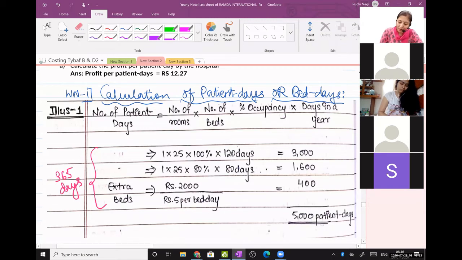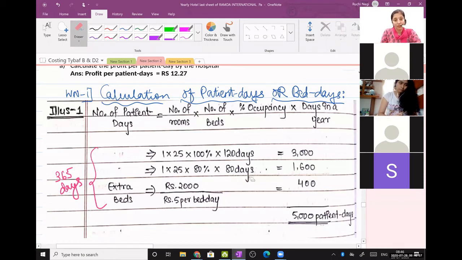First for the 120 days, then for the 80 days, and then for the balance days. Am I clear about this? Your 365 days are divided now as per the question. It is 120 days, then 80 days, and the balance extra beds days. Okay? So let us start.